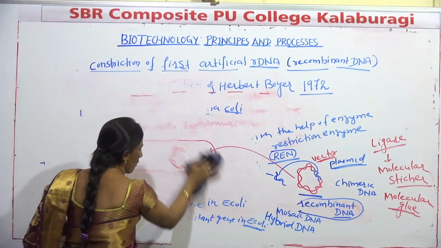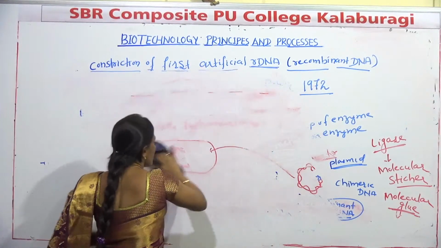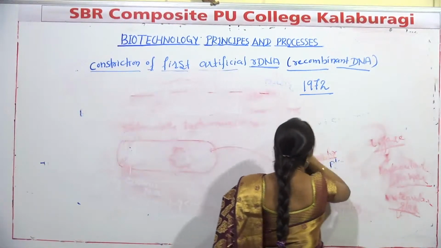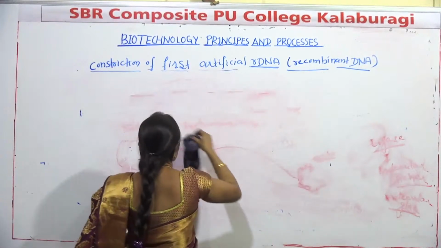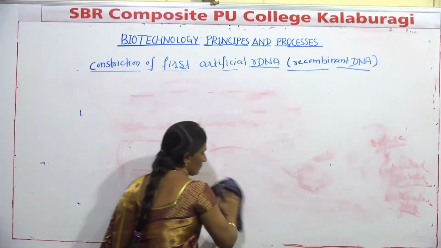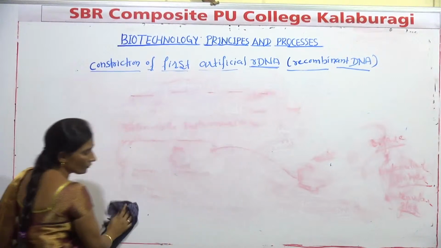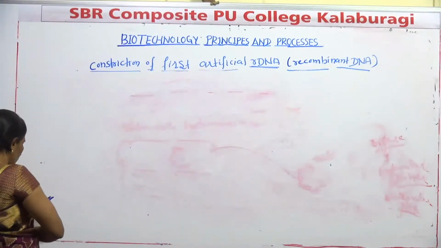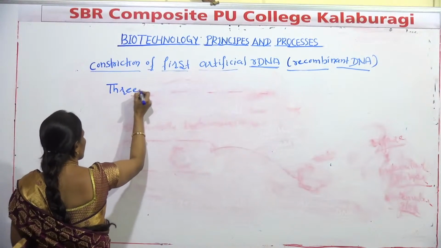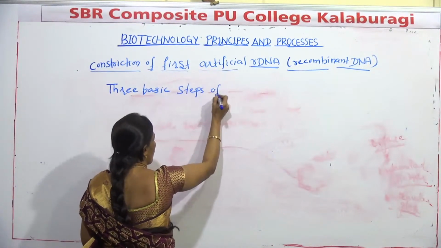Three basic steps of genetically modifying an organism.